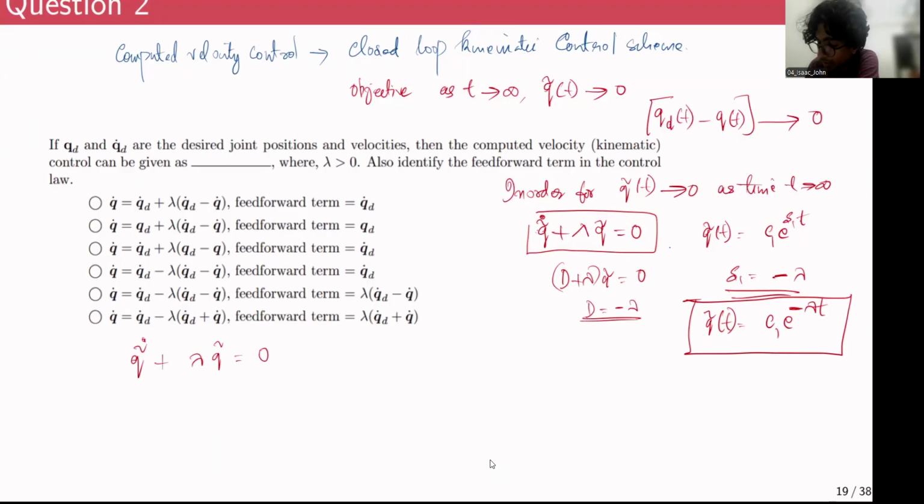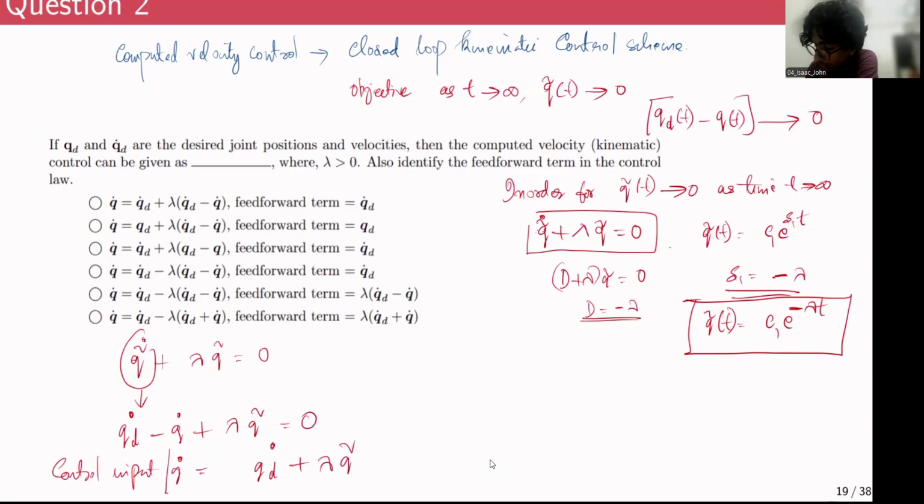And if I substitute q tilde dot as q desired dot minus q dot, plus lambda q tilde equal to 0, now the control input q dot would be q desired dot plus lambda q tilde. This would be your control.